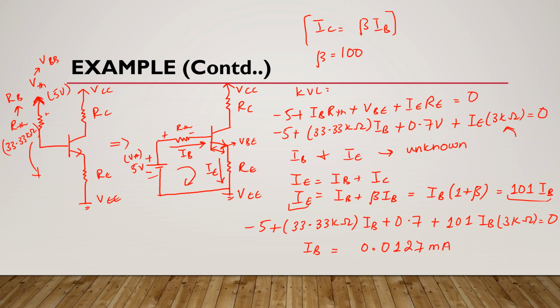Okay. Now we know that IE is equal to 101 IB. So if we put this value of IB here, we get IE is equal to 1.2827 milliamperes.